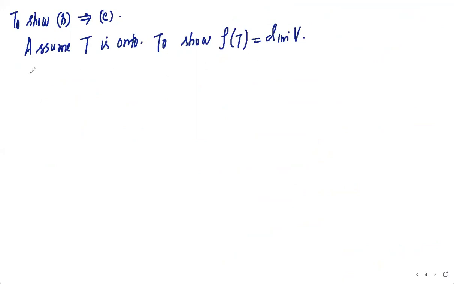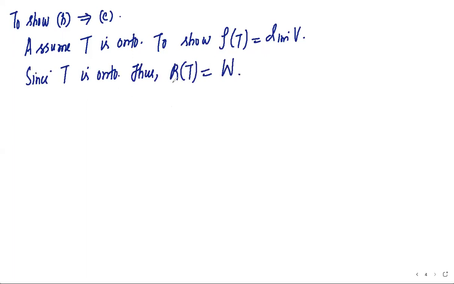So now since T is onto, thus range of T is equal to W. तो onto का मतलब यही है, range of T is equal to W.